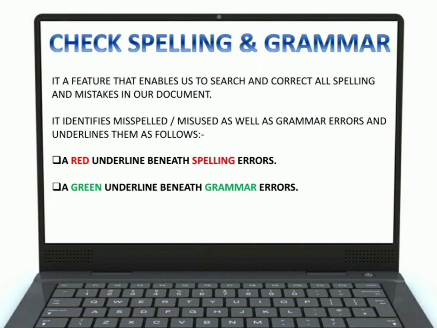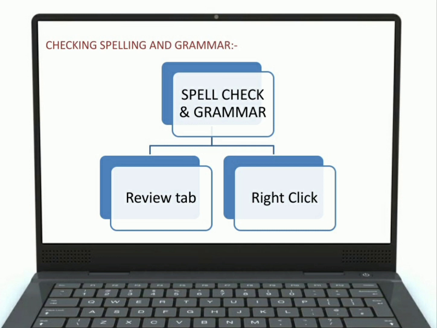I repeat, Microsoft Word underlines red beneath a spelling error and a green underline beneath a grammar error. Kids, this is a very important topic. You should note it down in your notebook.